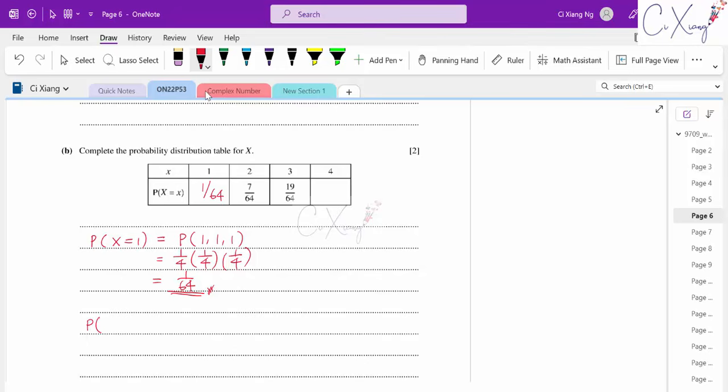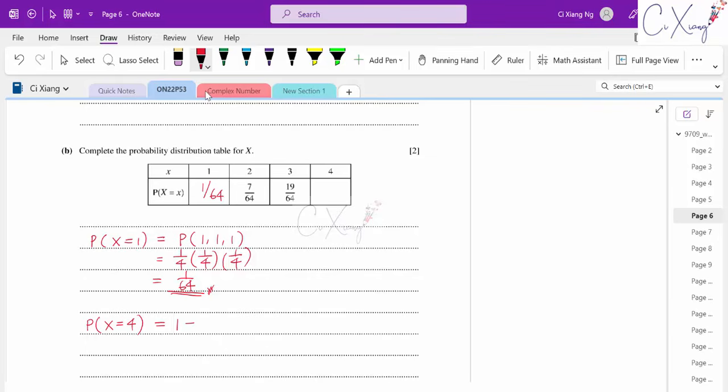And to calculate the value for x equals 4, there are many ways that we can do it. The first method is you can take 1 minus all the other probabilities that we get in the table. But of course, you have to ensure that the value you get for x equals 1 is a correct probability, so that your final answer is correct.